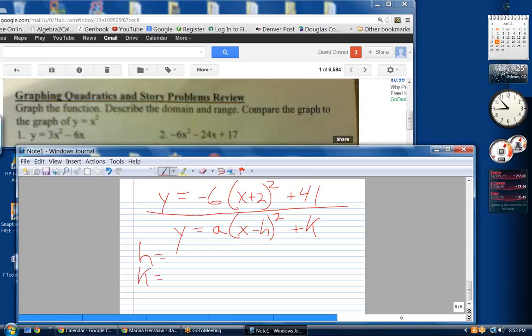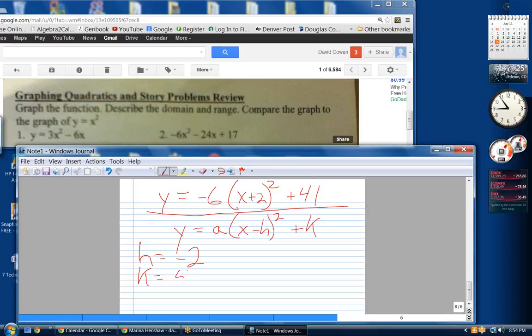Is it a positive 2? Oh, negative 2. A negative 2, because then x minus a negative 2 would give you x plus 2. If it was x minus 2, h would be a positive 2. But in this case, h has to be negative for us to get this positive. What is k?